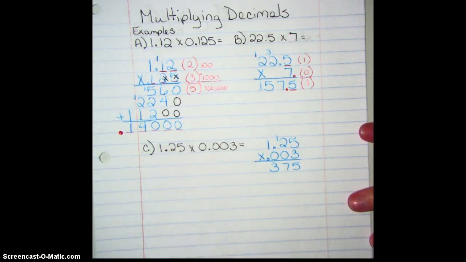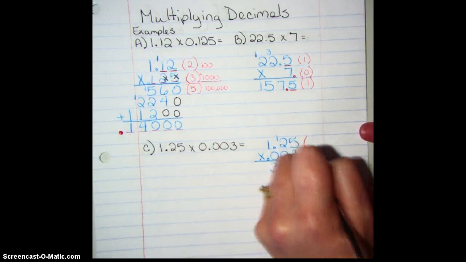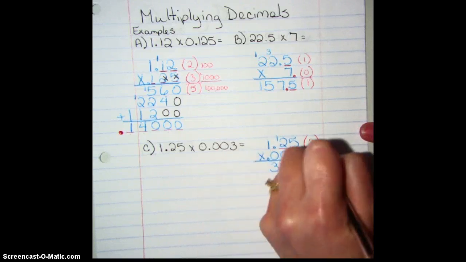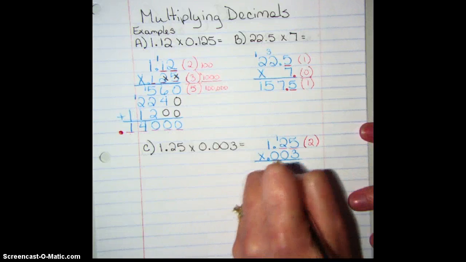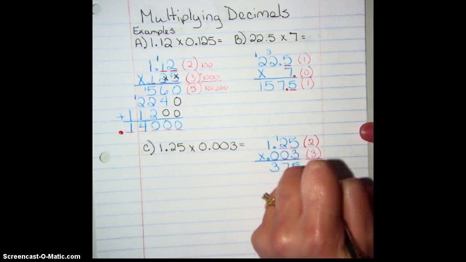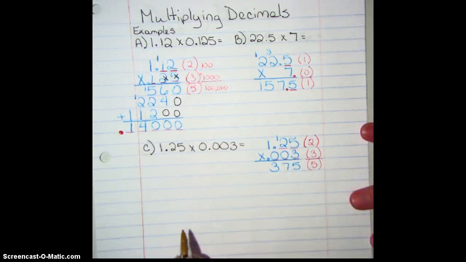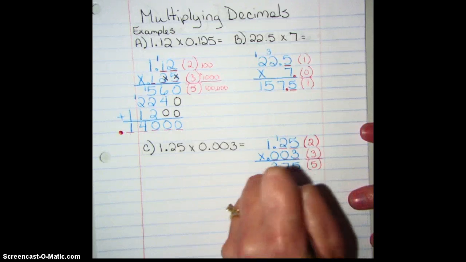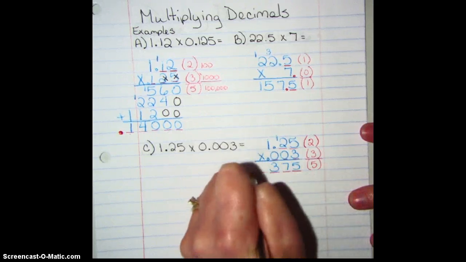So I'm going to count how many place values I have after the decimal point. Tenths, hundredths, that's 2. Tenths, hundredths, thousandths, that's 3. That makes a total of 5 numbers after the decimal point. So let's count. 1, 2, 3, 4, 5.